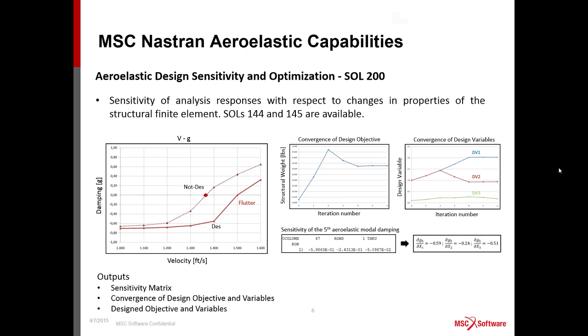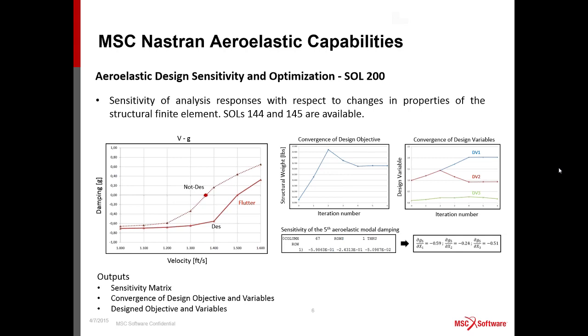So the optimization process was to try to move forward the flutter point, okay? We can do it with SOL 200. First of all, Nastran performs a sensitivity matrix in which it calculates the sensitivity of the response, for example the elastic damping, with respect to the design variables that we have defined.